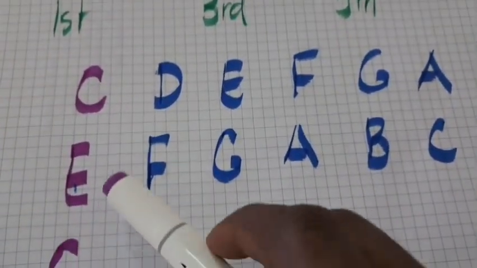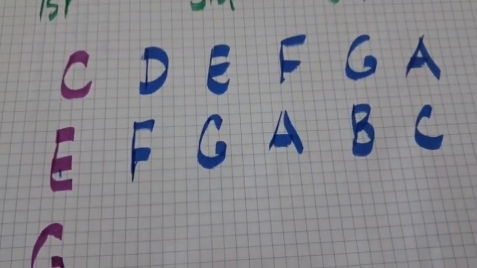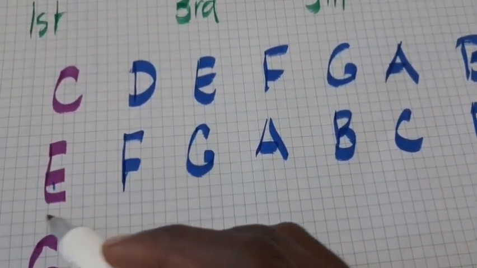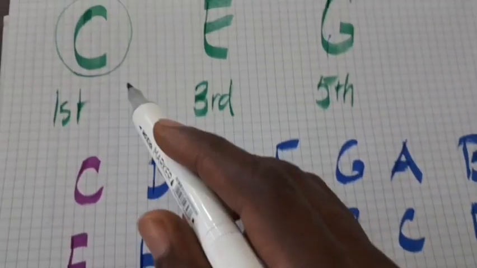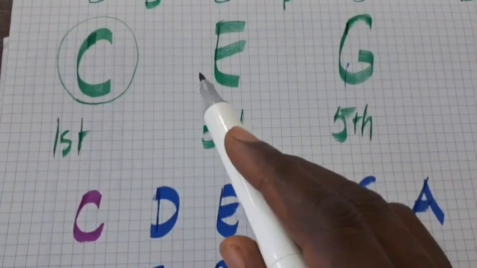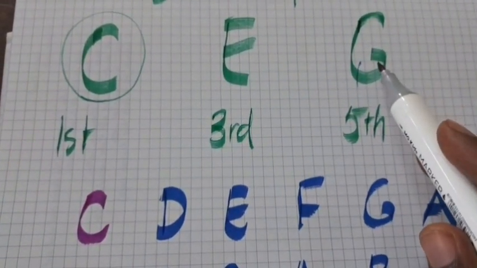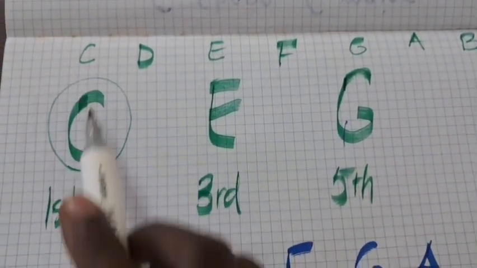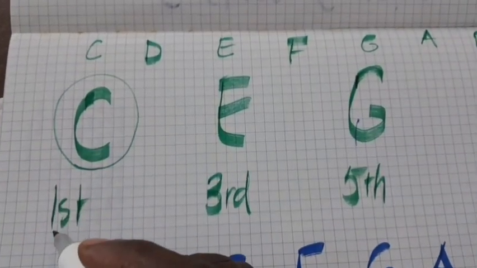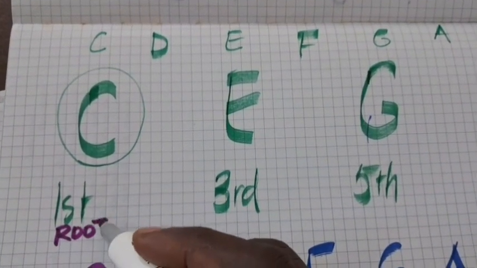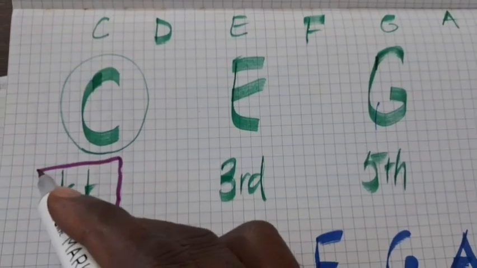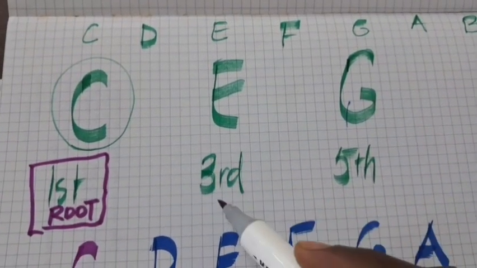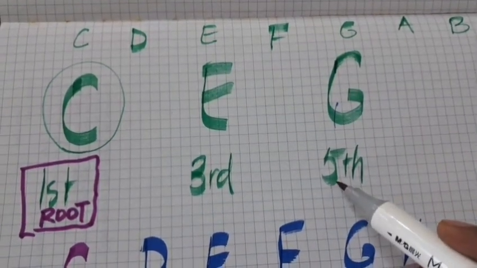If you look at this arrangement, E here is the first, because our combination is C, E, and G. In the arrangement where C is the root, now C here is the root, because we are doing it on the key of C, where C is the root, and E is the third, and G is the fifth.